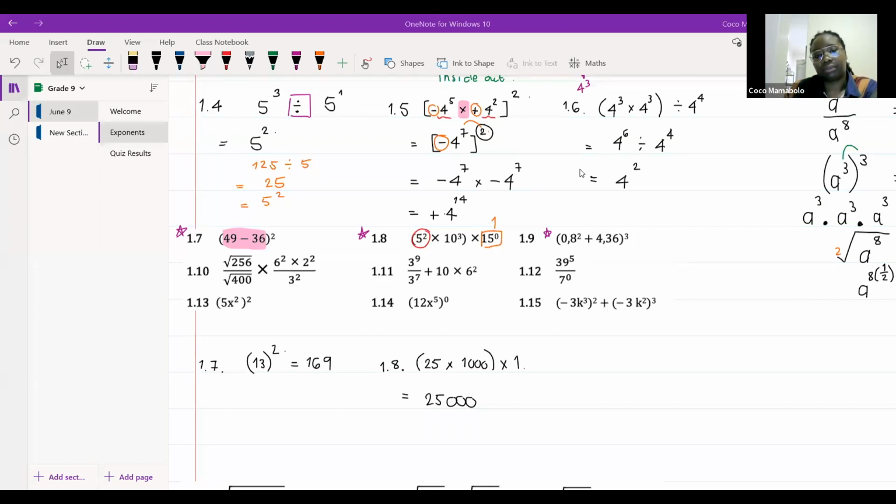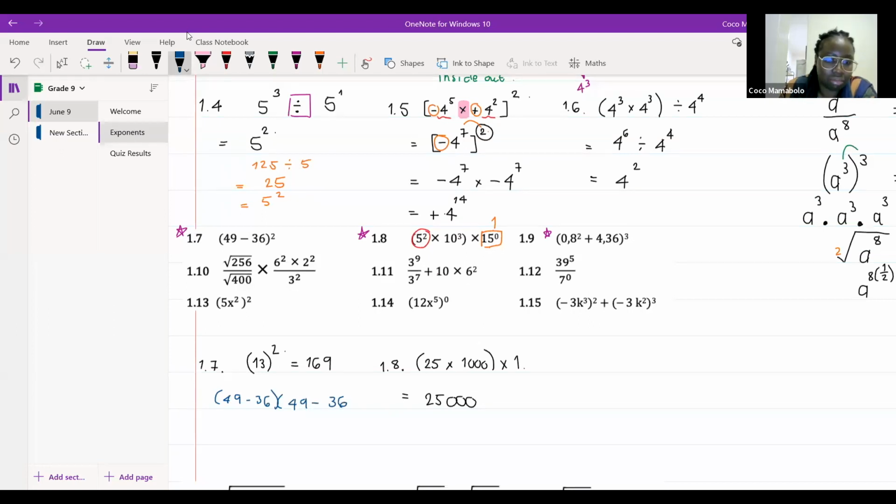Since it's open bracket 49 minus 36 and close bracket, and there's a 2 outside, shouldn't it be 49 minus 36 in brackets and then open the brackets again and put the same thing? Well, yes, and you will get the same answer. Here's why. You're going to get 49 minus 36 and then open another bracket with 49 minus 36.